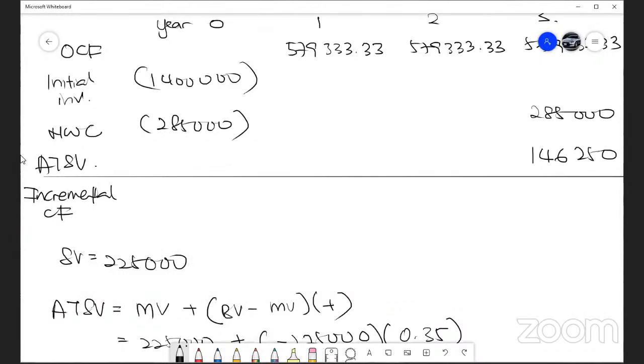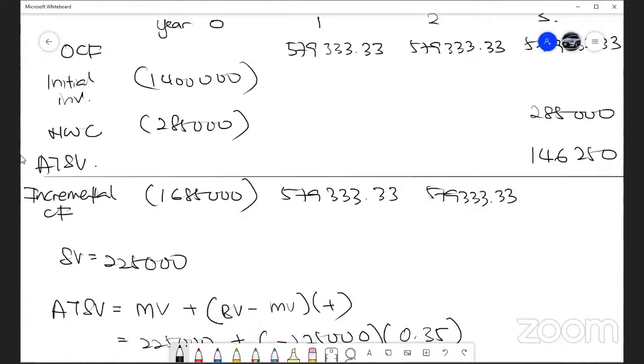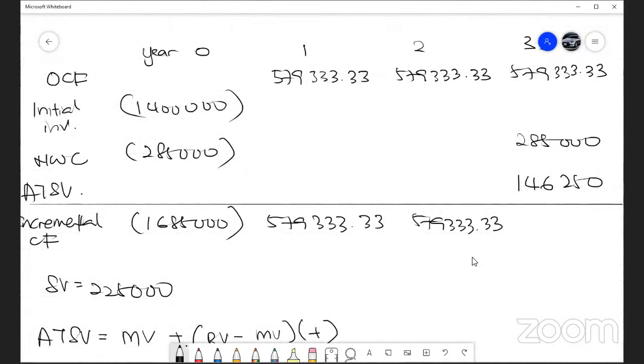So here will be negative 1.685 million, then $579,333.33, 579,333.33. For the last year, add all together: 579,333.33, 285,000, and 146,250. You get 1,010,583.33.